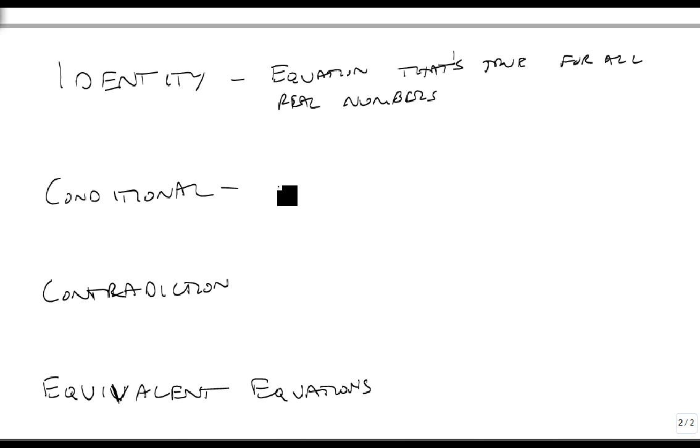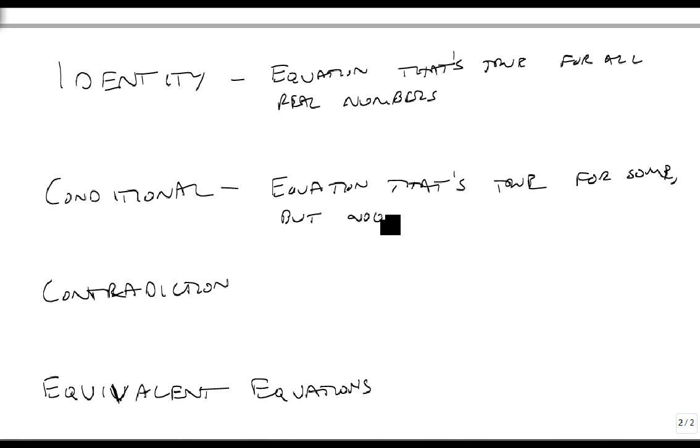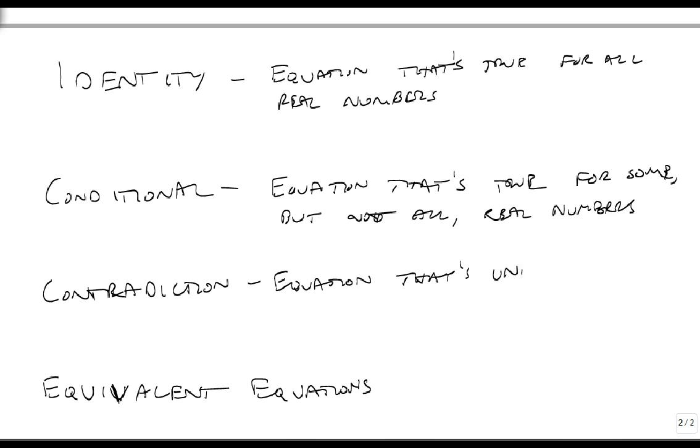A conditional equation is an equation that's true for some, but not all, real numbers. And a contradiction is an equation that's untrue for all real numbers. That means it's never true. You can never make it work. And we'll give examples of these later.